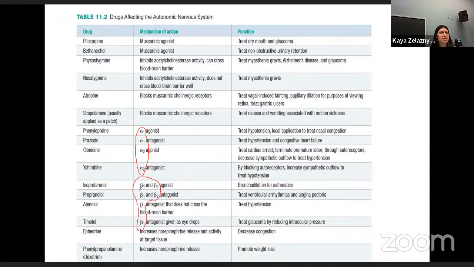Affecting these receptors is a really good way to have some type of effect on these effector organs, which are really important, like the heart and your blood vessels, and therefore your blood pressure. Affecting these receptors is a good way to affect the body.